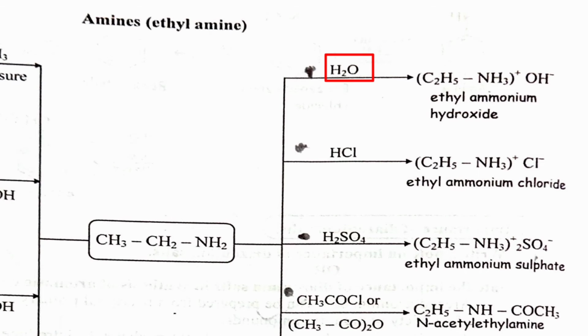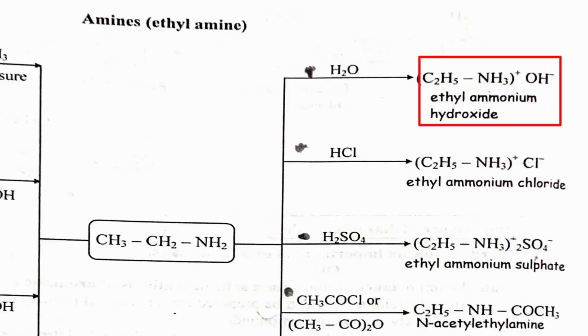That means in water, after hydrolysis, H plus and OH minus are added to the ethylamine as shown in the figure, and the product is known as ethyl ammonium hydroxide.